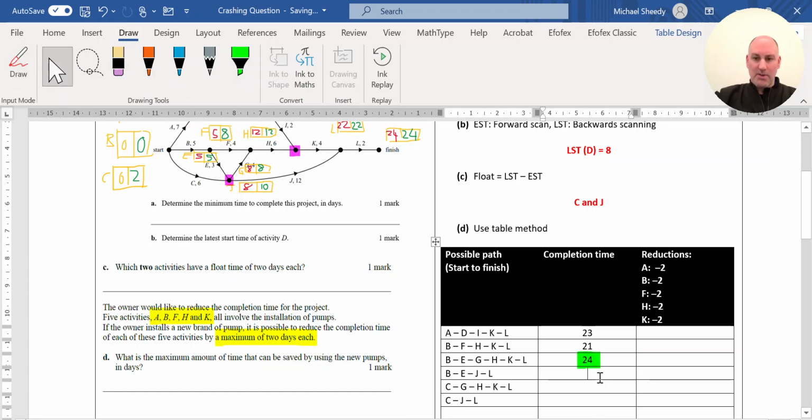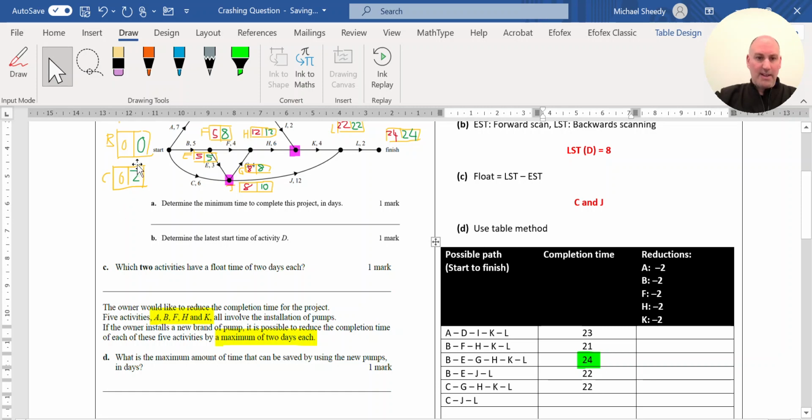So continuing on, looking at our next path, which is BEJL. So BEJL, which is 5, 8, 20, that's 22 from start to finish. Then going CGHKL, which is 6, that's 10, 16, that's 22.